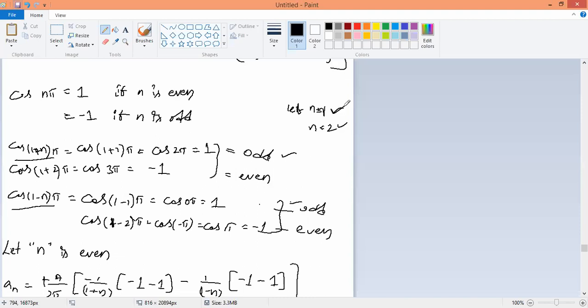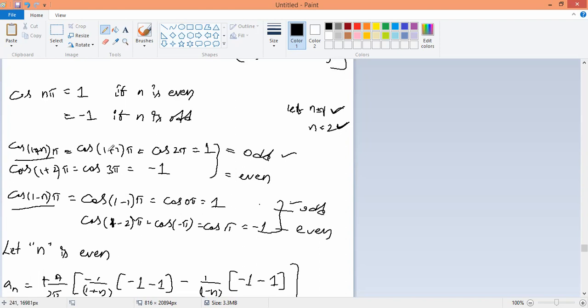First I am taking n as an odd value, next I am taking n as an even value. So both values I am substituting into the two equations, cos of 1 plus n pi and cos of 1 minus n pi. First, substitute n equal 1 and n equal 2 into the cos of 1 plus n pi equation.